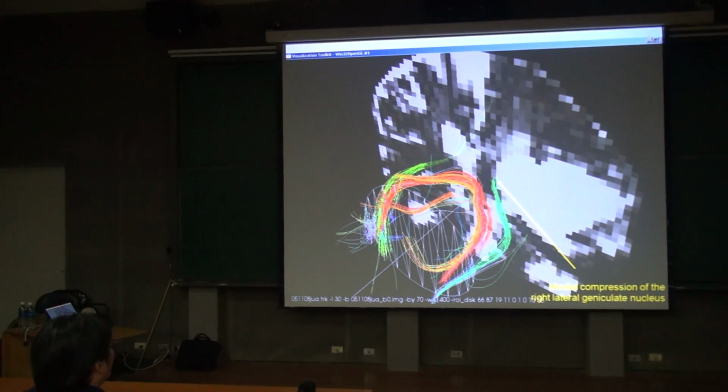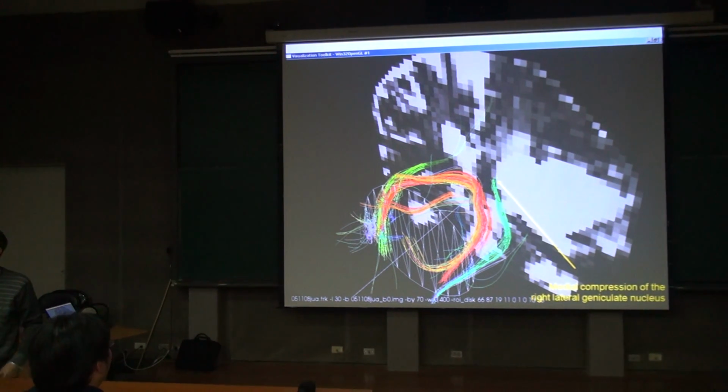Actually, these are the fiber tracts. This tract connects from our eye to the visual cortex in the back of the brain. So this is the back side of the brain, okay? So here, the green fiber is the optic tract.